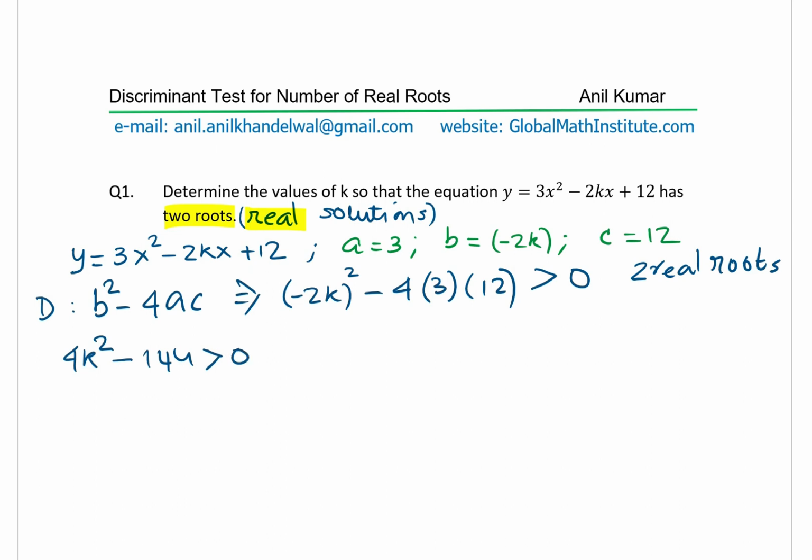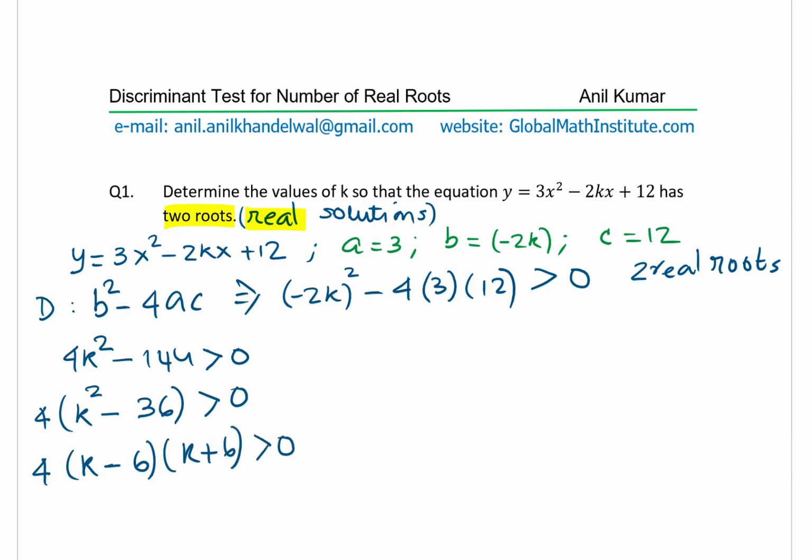You can factor this, taking 4 common, we get k squared minus 36, since 4 times 36 is 144. And 36 is 6 squared. So we get 4 times (k minus 6) times (k plus 6) greater than 0.